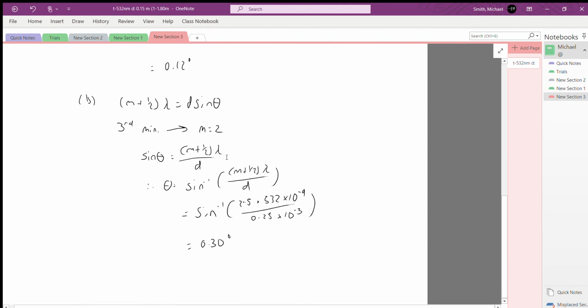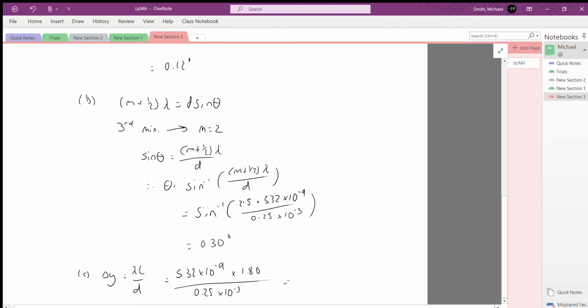So here we're using the relationship delta y is lambda L on d. And all we're doing is substituting in the values. So here 532 times 10 to the minus 9 for the wavelength. Slit to screen distance from the question was 1.8 meters, and little d, as we have before, 0.25 millimeters.